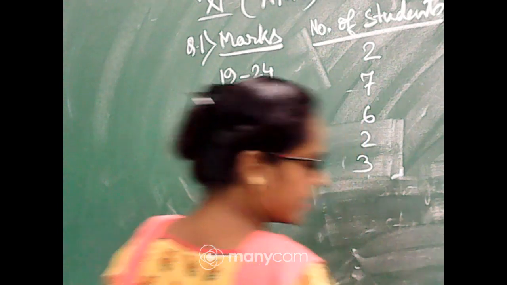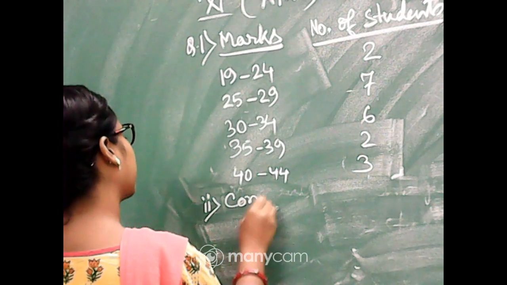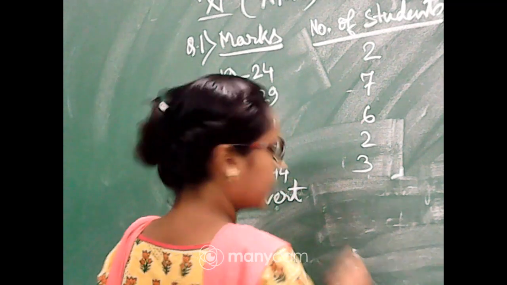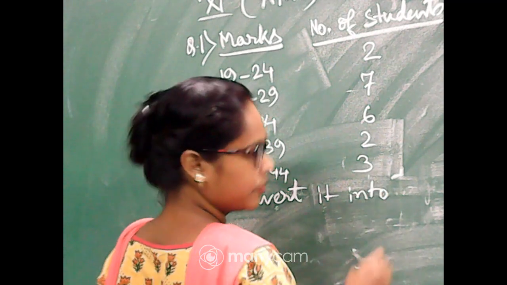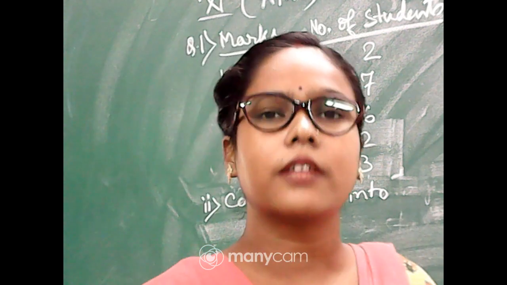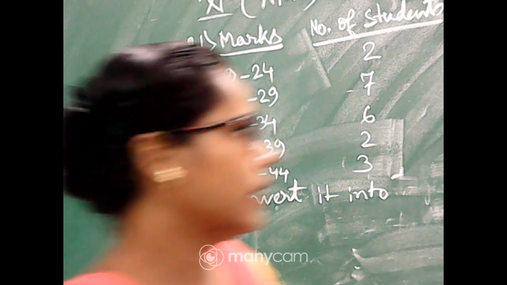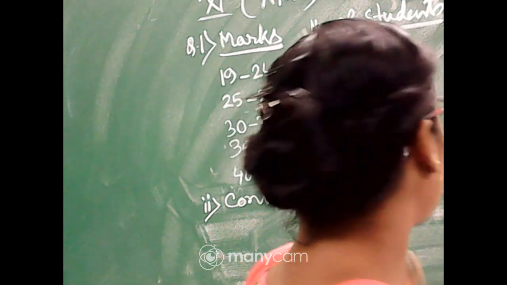Our next question is number 2: convert it into... okay, first tell me, this series is given in which series? This type of series we can say which type of series?